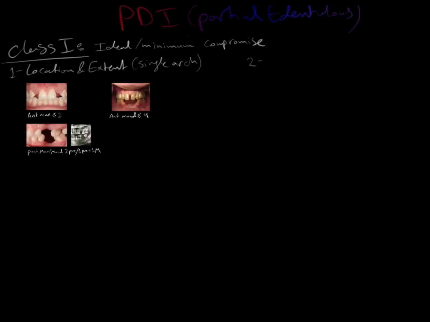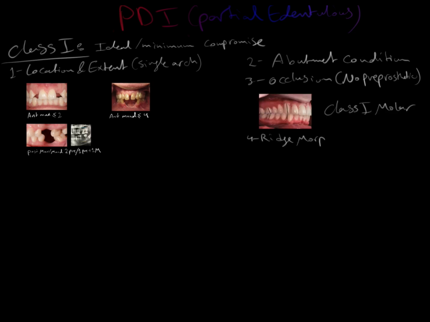Starting with the location and extent of edentulous single arch, including any anterior maxilla span not exceeding 2 incisors, any anterior mandibular span not exceeding 4 incisors, or any posterior span not exceeding 2 premolars or 1 premolar and 1 molar. Abutment condition is ideal with no need for pre-prosthetic therapy. The occlusion is ideal with no need for pre-prosthetic therapy. Maxillomandibular relationship is Class 1, and residual ridge morphology conforms to the Class 1 complete edentulous description.